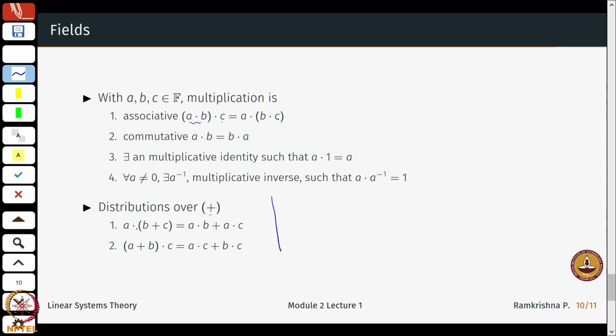All these elements a, b and c come from the field F. If I take a multiplied by b plus c, it's the same as a times b plus a times c. Similarly, if I do the converse, I add up a and b first and multiply with c, it's the same as individually multiplying a with c and b with c.